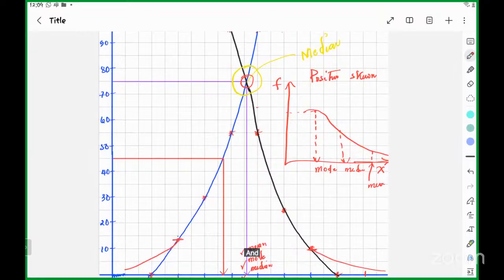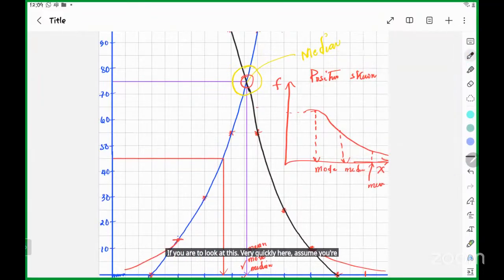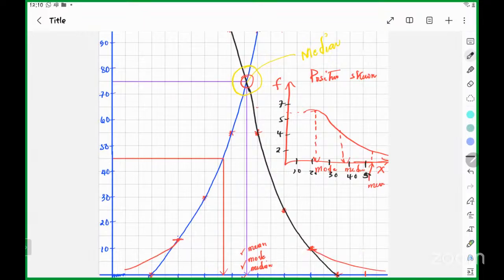If you are to look at this very quickly here, assume you're looking at incomes. This is 10 USD, 20, 30, 40, 50. And then here's a number of employees. If I want to know how many received maybe 50 USD, I'll draw a line, touch the curve, and then I come here.